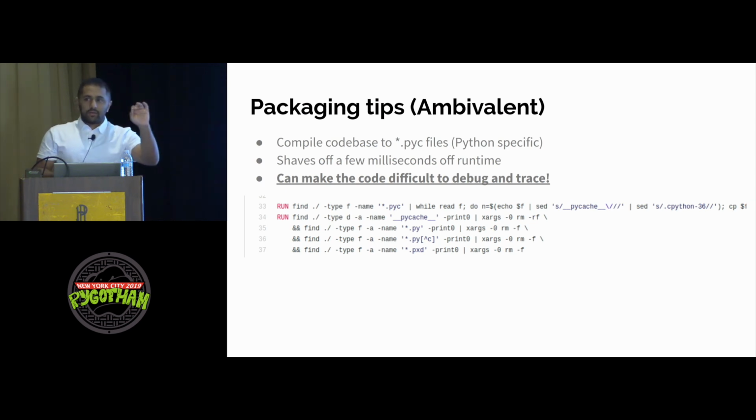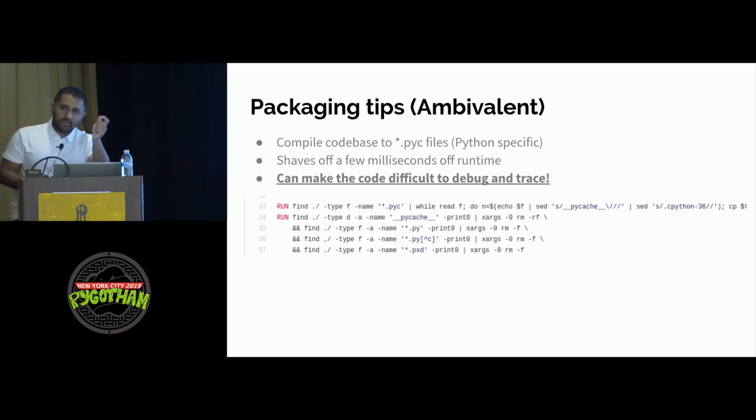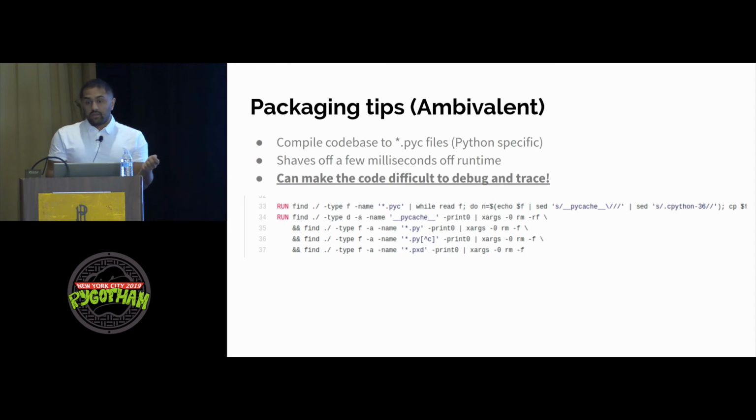So if you just directly run PYC files, you're shaving a few milliseconds off of your actual runtime. And that is a direct cost saving, but it is kind of sketchy or not a very recommended move because it can make your code notoriously difficult to debug or trace. So if you're fairly confident that your code works, you might want to take this step, but I would not take it right away.